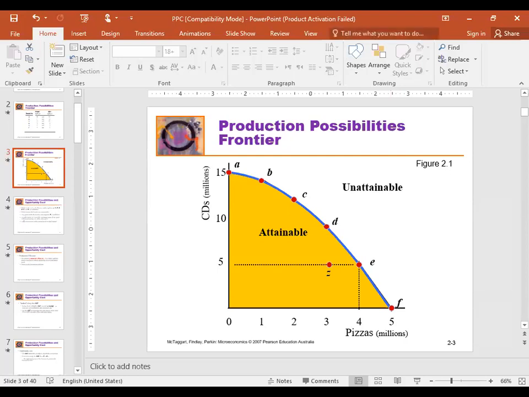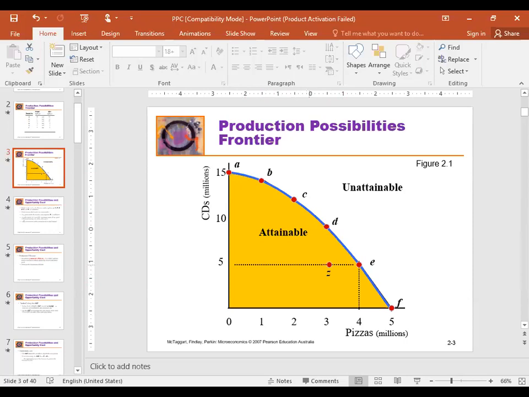So let's look at other points on the curve. They have provided a point Z. If we read the graph, it's approximately 5 million CDs and 3 million pizzas. What does it mean when you have a point of production that lies under or below the curve?